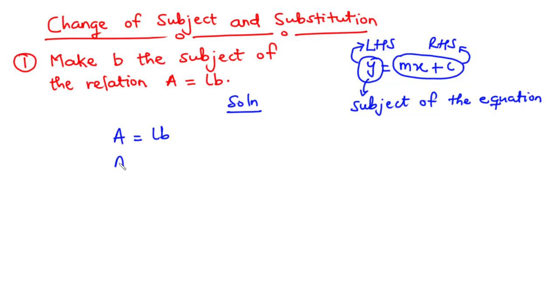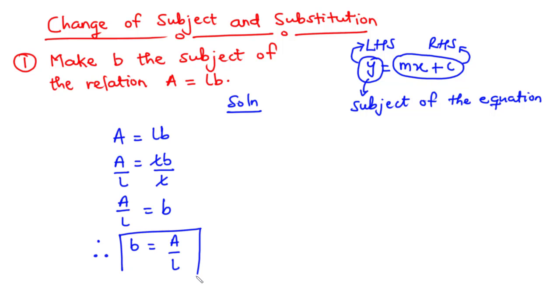On the right hand side, l cancels out l, and thus we have a over l equal to b. Therefore, b is equal to a over l, and thus b is the subject of the relation. So now let's move on to the second example.